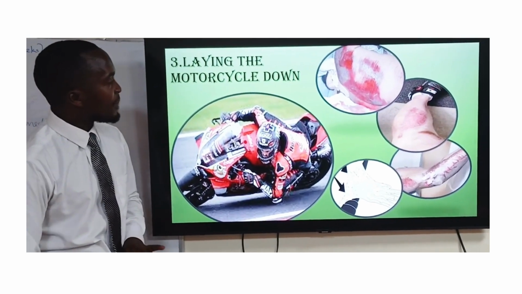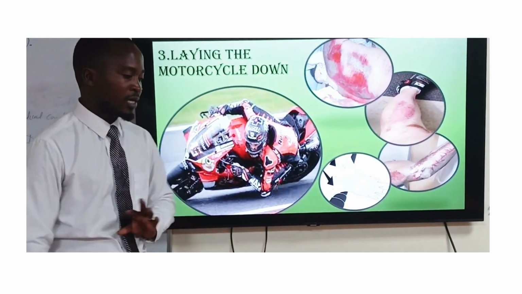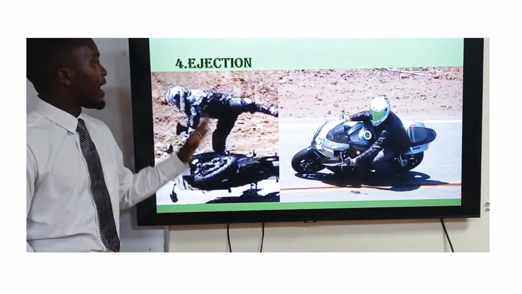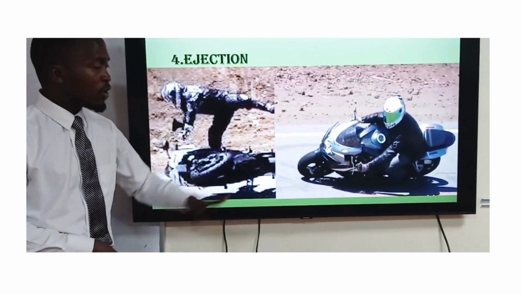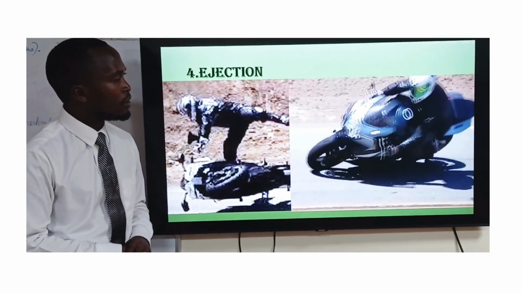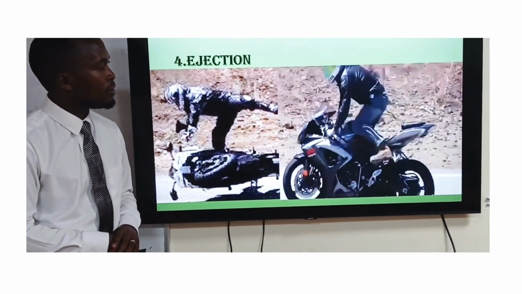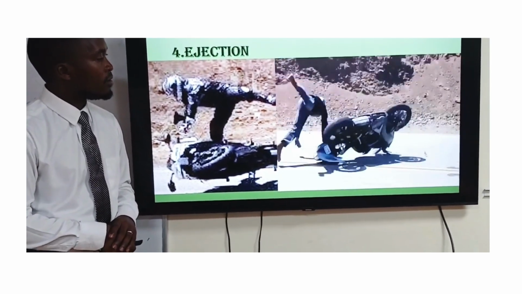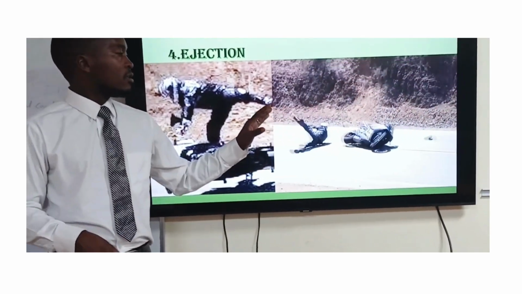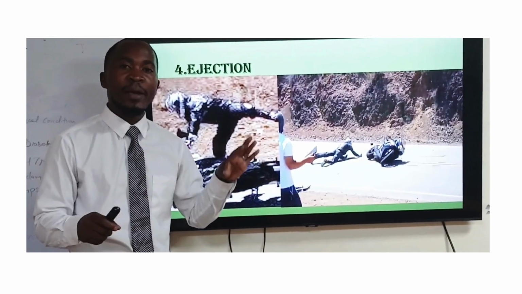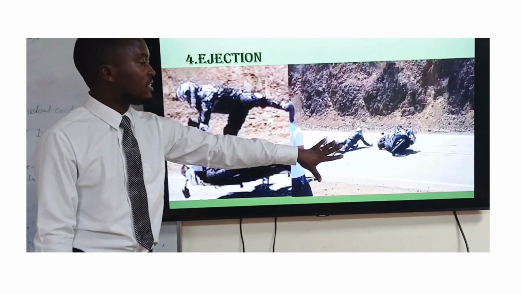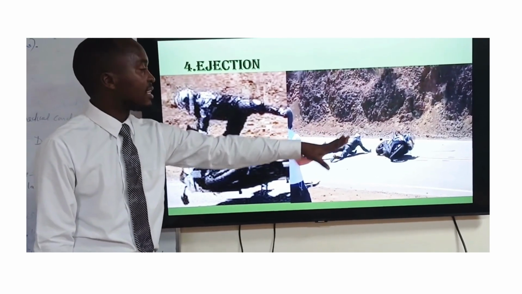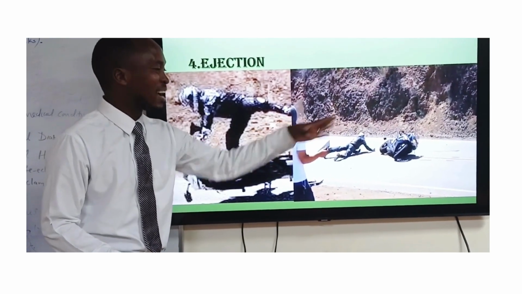Apart from that, let's look at the last type of impact, and that is ejection. As you can see in this video, the injuries will depend on how they're going to land as they're ejected and what they're going to hit.